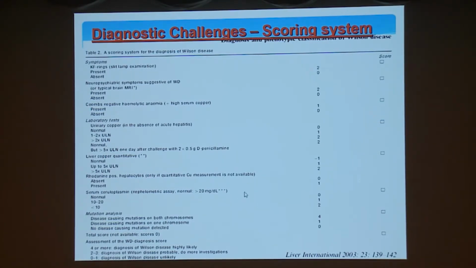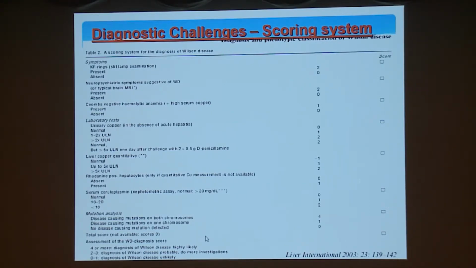Otherwise, in patients with just hepatic or 1 or 2 symptom presentations, you do not have enough score or you do not have enough confidence to use this scoring system to classify them whether they are more likely or probably or unlikely.